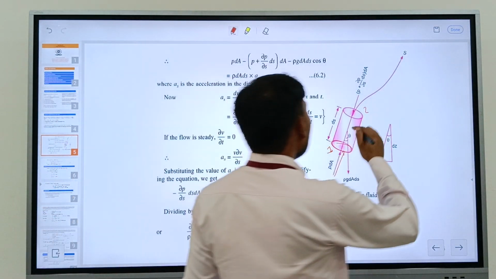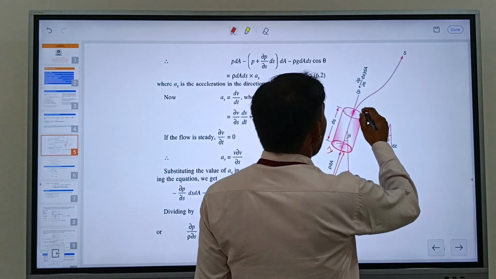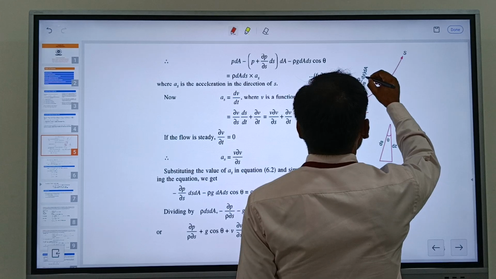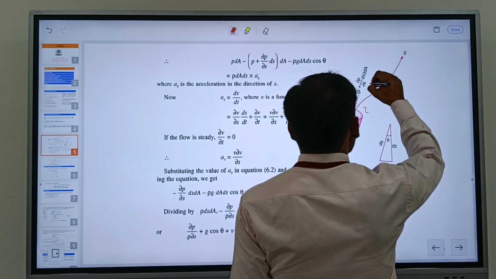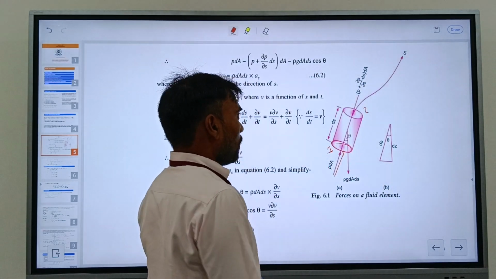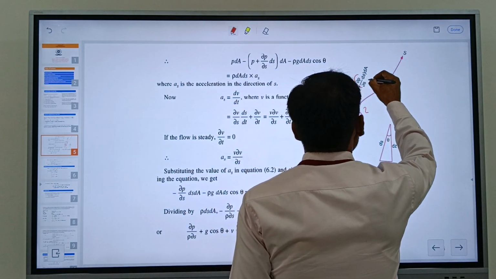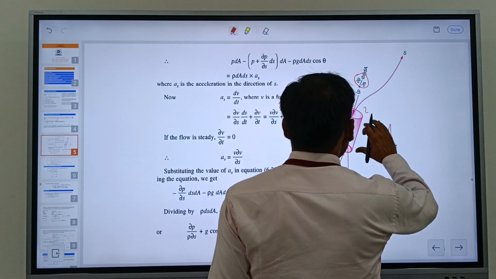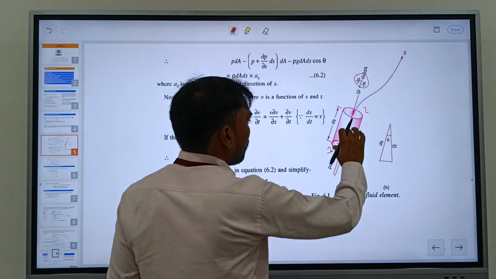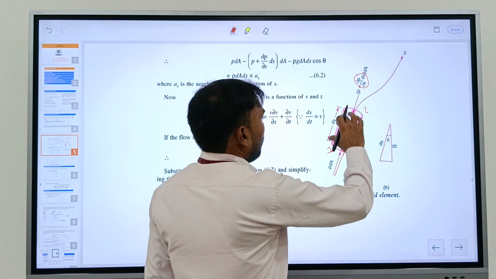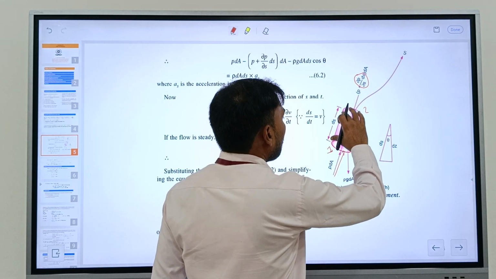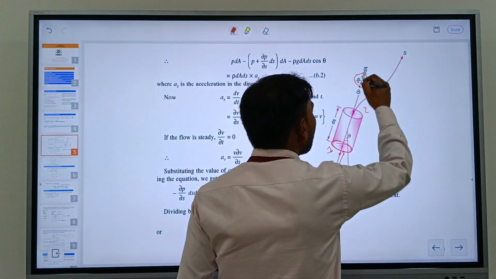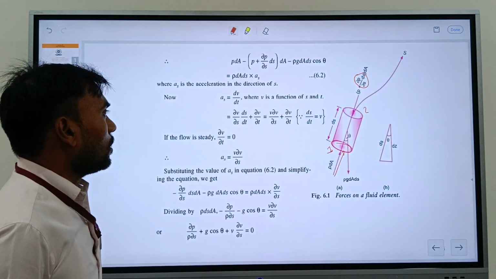Similarly, at face 2 the force will be (p plus del p by del s into ds) into dA. This term is the increment during the motion of fluid after traveling a distance ds, the additional gain in the force value.